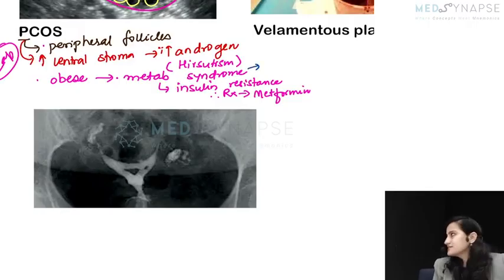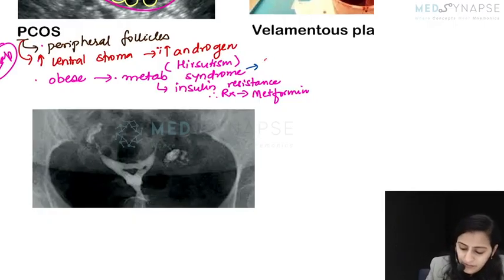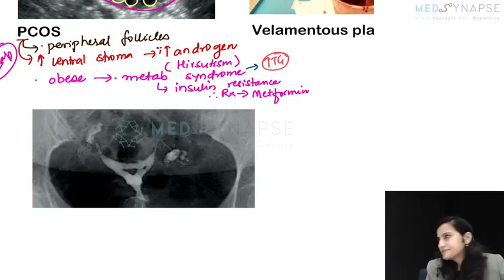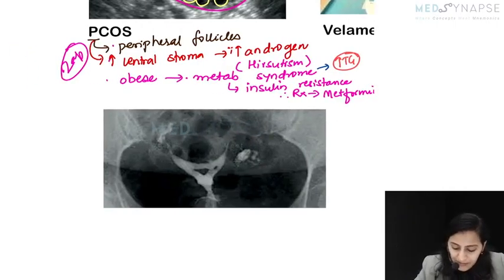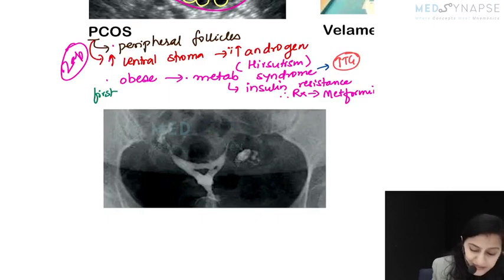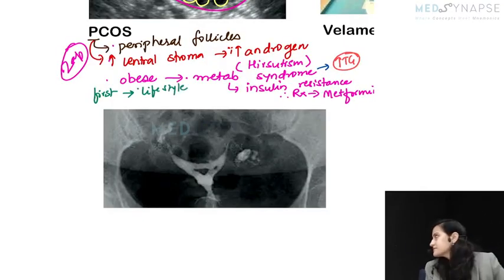One more question asked here, in metabolic syndrome, you see the lipid abnormality, that is, what increases? Triglycerides. Hypertriglyceridemia. The first management here is lifestyle modification.